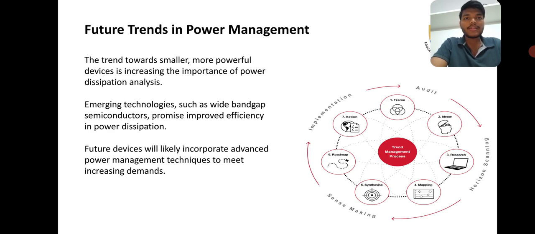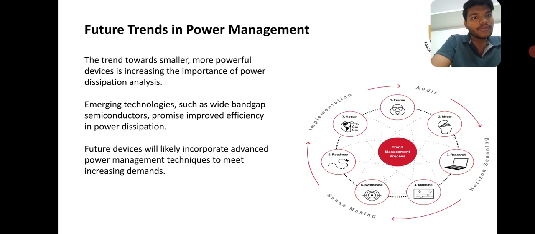Emerging technologies such as wide bandgap semiconductors promise improved efficiency in power dissipation. Future devices will likely incorporate advanced power management techniques to meet increasing demands. These are the pictures of the future trends in power management.